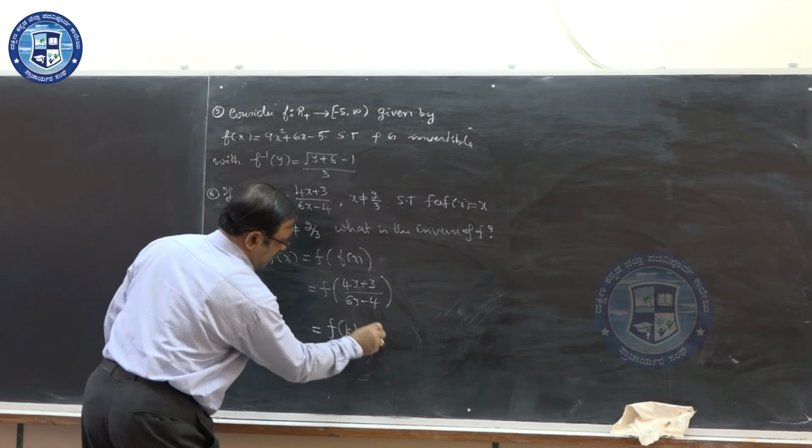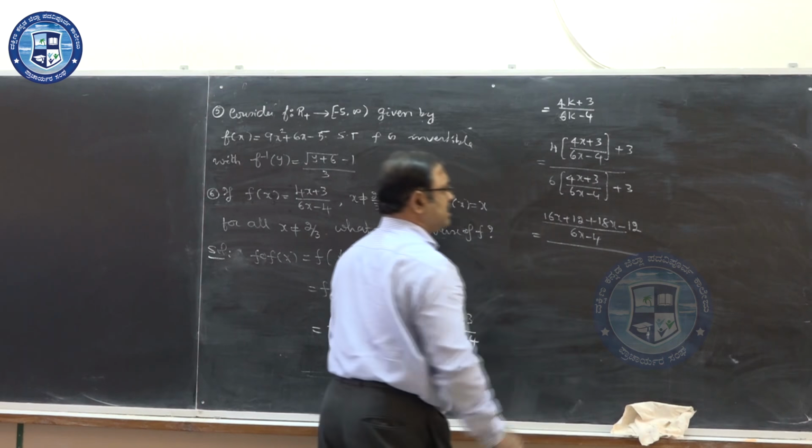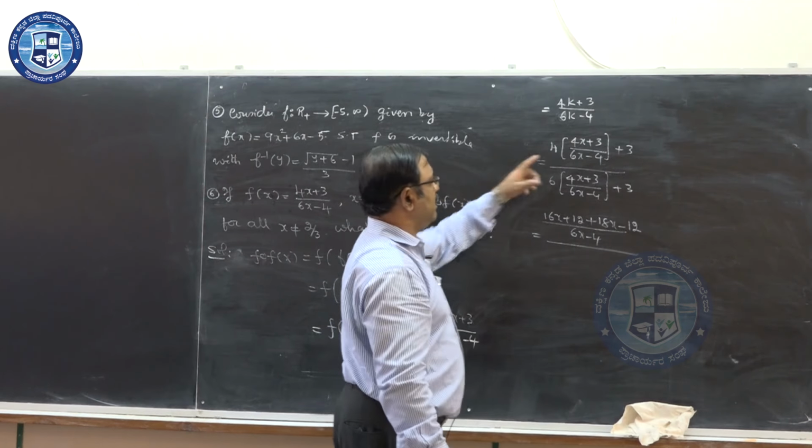Taking LCM, 6x minus 4, we get 16x plus 12 plus 18x minus 12, divided by 24x plus 18 minus 24x plus 16.